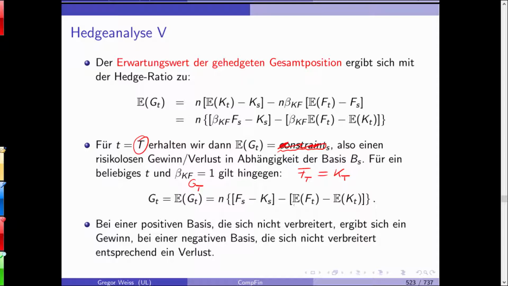Then of course this difference here will become 0, and you will just get N times Fs minus Ks, so N times the basis. It's the same result as before: if you have N underlyings and you keep the future until maturity, you will not have Bs or minus Bs, but N times Bs or minus N times Bs as a profit.